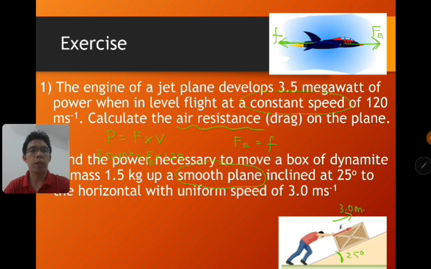Again, there's a statement here: uniform speed. That means the downward force, which is part of the gravity, will be the same as the forward force that the man is trying to exert on it. So F naught, let's say, and this is the partial gravitational force.